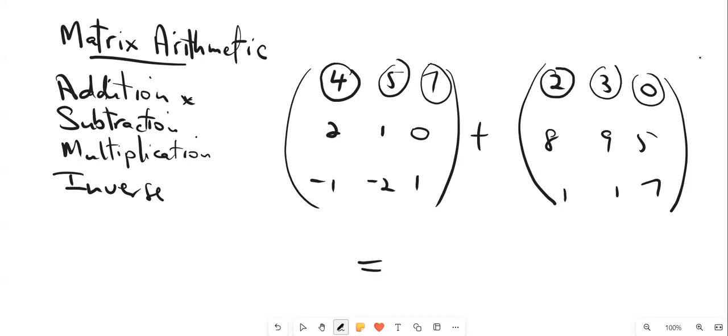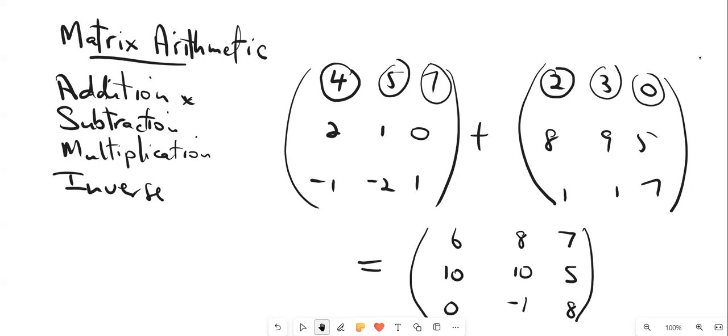And your answer should be, let's say 6, 8, 7. Check by yourself. See if they're correct. Is that it?